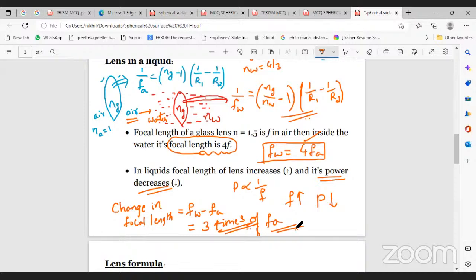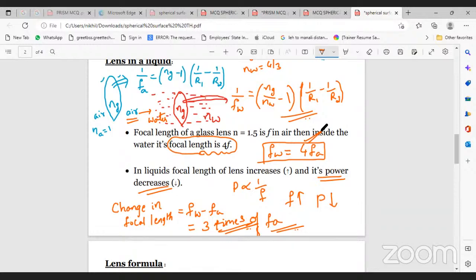So please remember, whenever the lens is brought from air medium to some liquid medium, the focal length will increase and the power will decrease. Suppose the liquid is a water medium, then the focal length is going to increase by 3 times.